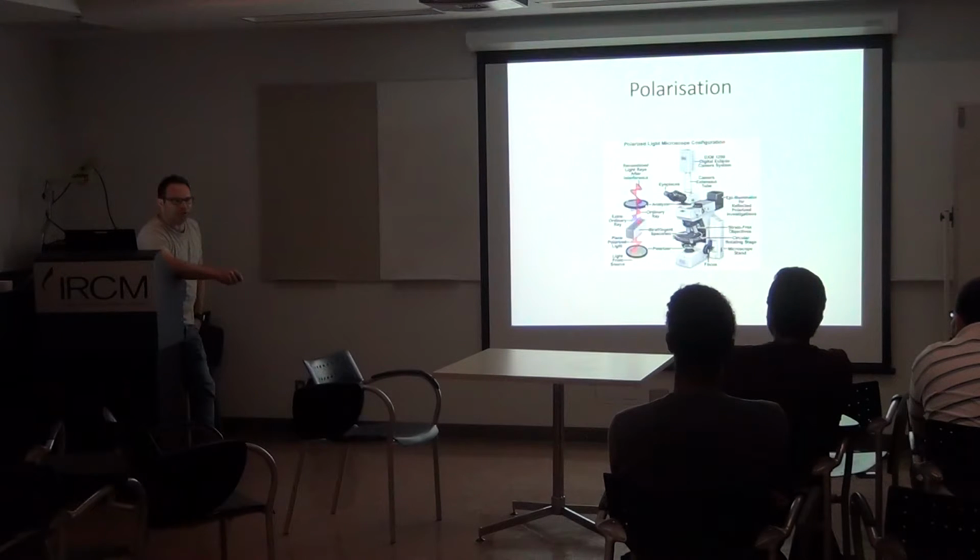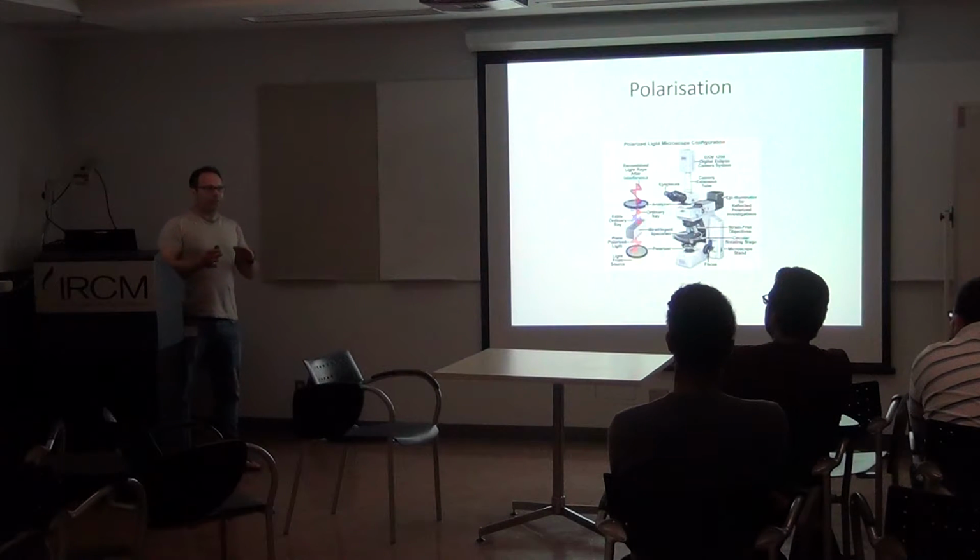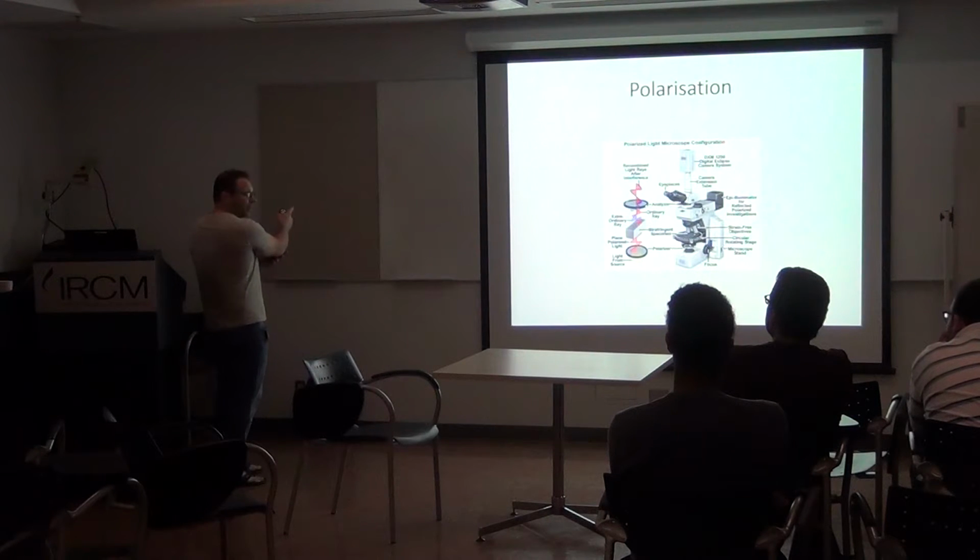And birefringence is a property of some molecules to have a different index of refraction depending on in which direction light goes through the specimen. Okay? So if it goes in that direction, light is going to go really, really fast, and if it goes into that direction, light is going to go really slow. So the way light travels into the specimen is not the same speed.